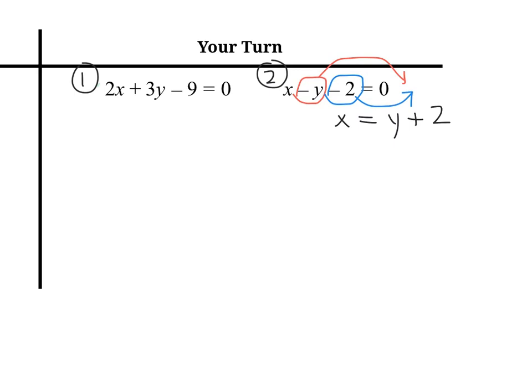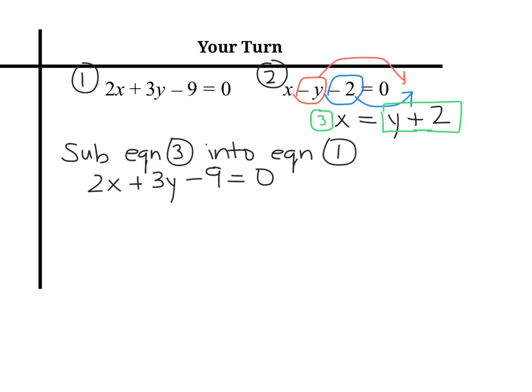So this new equation that I just generated, I'm going to call it equation number 3. Okay, so that tells me that in equation number 3, I know x is equal to y plus 2. So I'm going to take this portion and substitute it back into equation number 1 wherever I see the letter x.